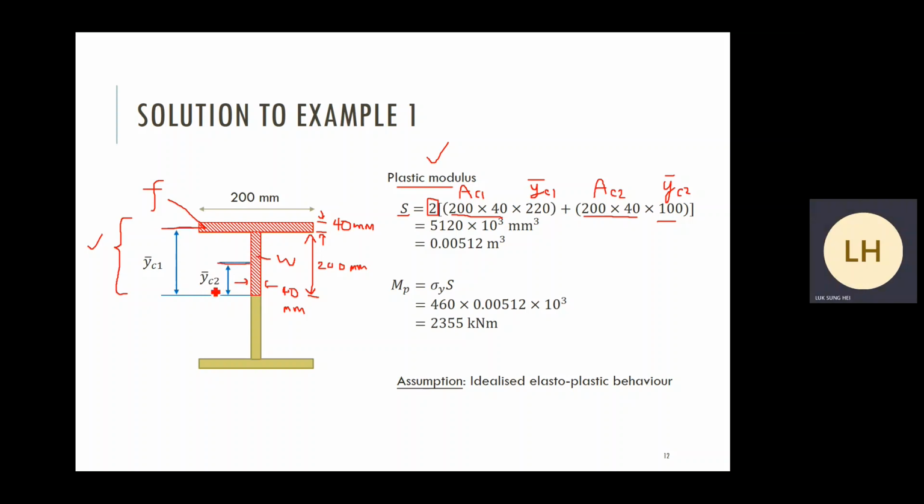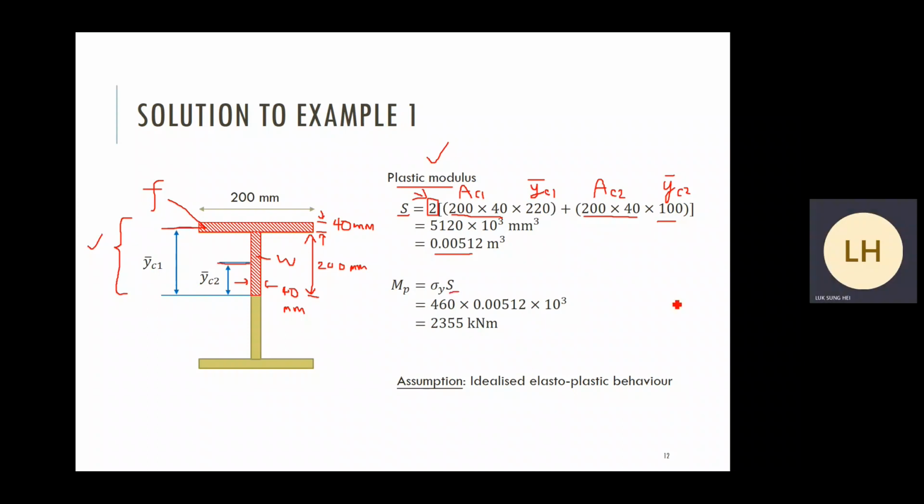So it is equal to 100, 1/2 of 200. Put them into our calculator carefully. Remember, multiply this bracket by 2, because in our calculation, we just consider the top half. We have to double the value so that it represents the whole section. And put all the values into our calculator, then we can get this number, 0.00512, and so on. S, plastic modulus.